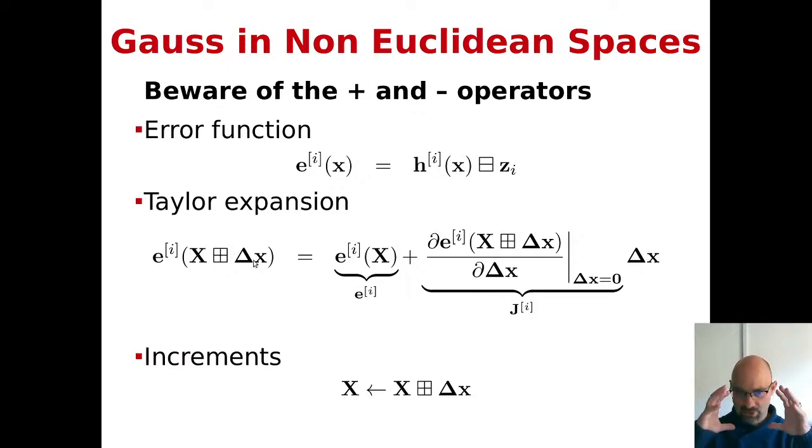Within one single iteration, the linearization point, so the origin of my chart, stays fixed. I hope you see that. The origin of my chart doesn't move within one round. So I could just regard this capital X here, given that it does not move, as if it was a constant.